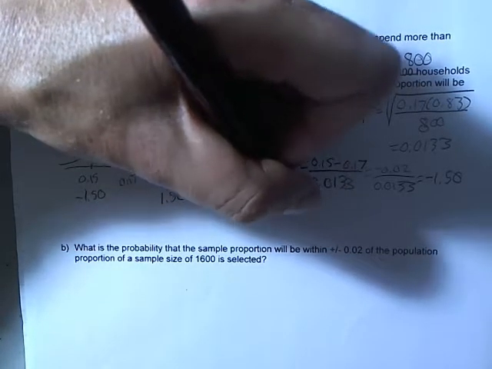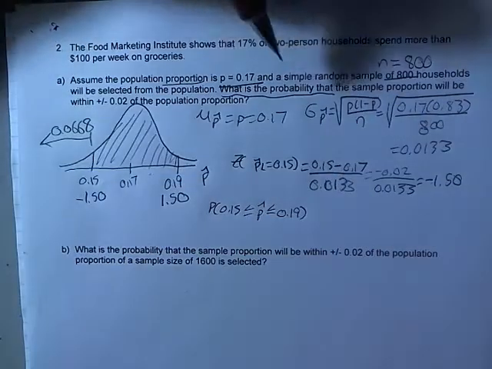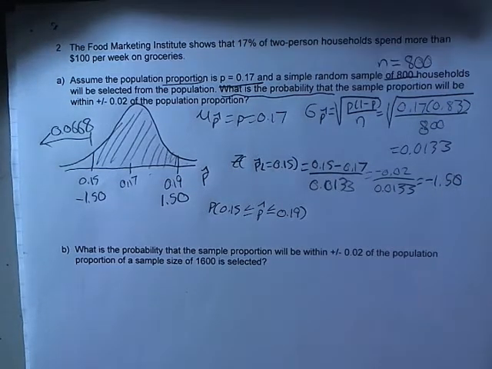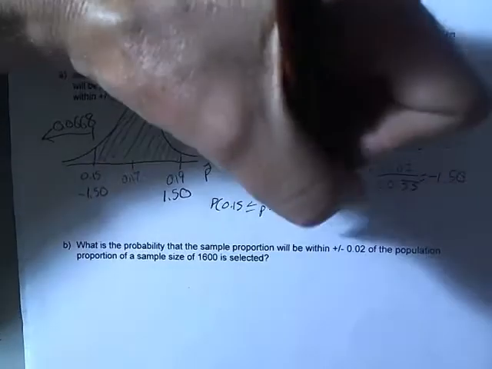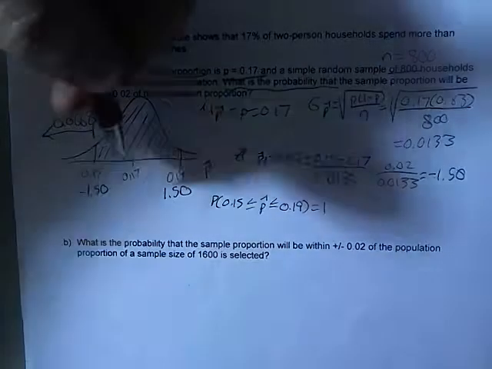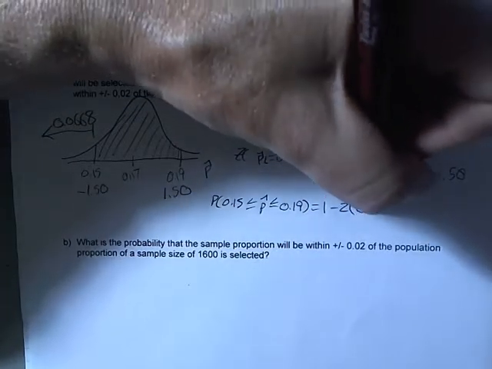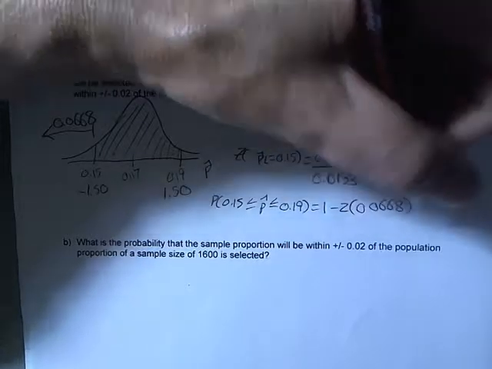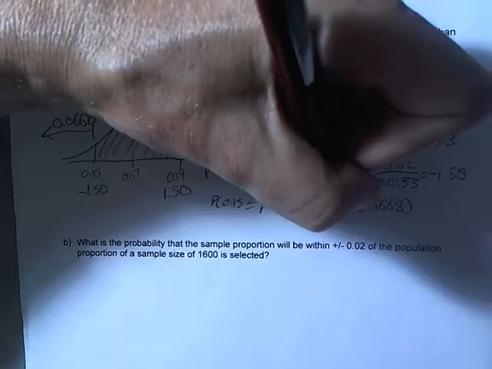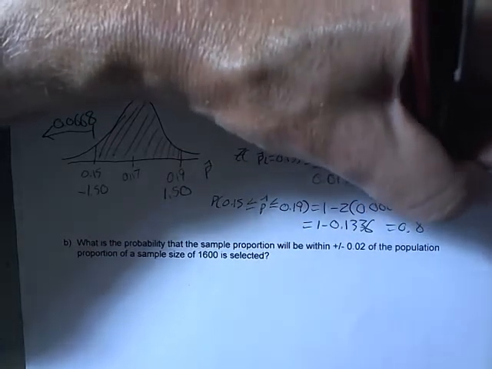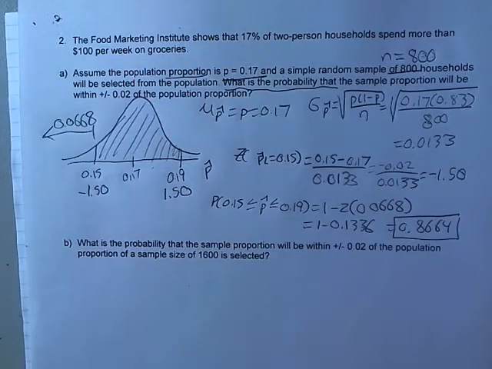So here I'm saying that the probability that a randomly selected sample proportion from a sample of size 800 will be within 2% is equal to the whole 100% minus 2 of the tail area that we found, and that's going to solve out to 1 minus 13.36%, or 0.8664. Okay, good work. Hope that's making sense.